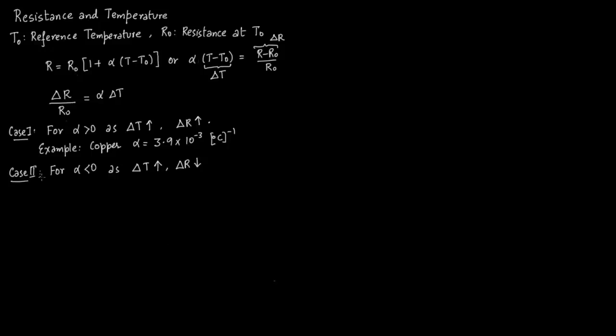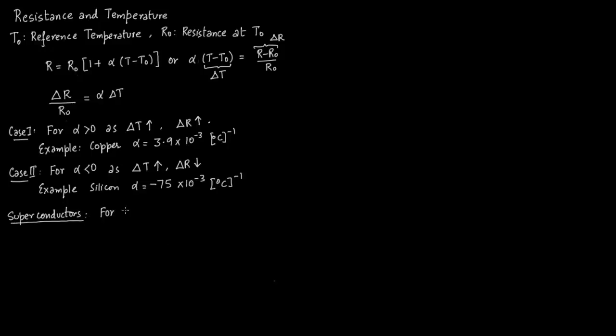So as temperature increases, the resistance actually decreases. An example of this is semiconductors such as silicon. Here alpha is minus 75 times 10 to the power of minus 3 degree centigrade to the power of minus 1. So for silicon, if you increase the temperature, the resistance will decrease.